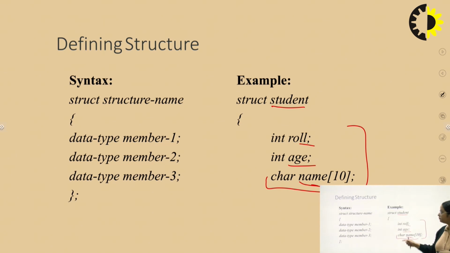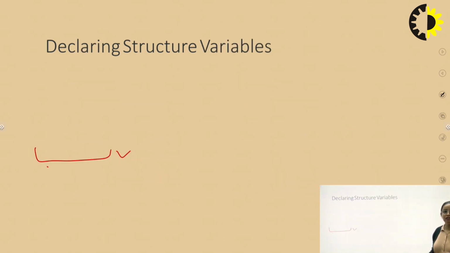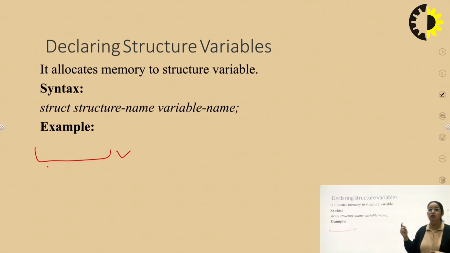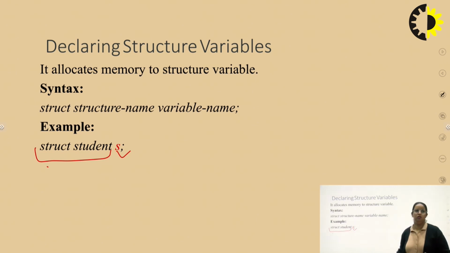For declaring a structure, first we have to define the structure. This is the definition of the structure. After defining the structure, you have to declare the structure. For declaring the structure, we are using the keyword with the tag name, that is struct student, and then declaring a variable, that is any variable you can choose, like we chose S here. So this is the declaration of the structure.